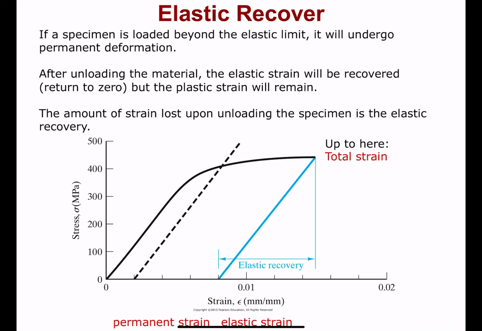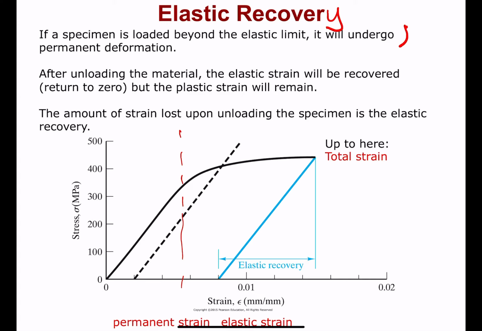Okay, so with those sort of experiments on matter, we've actually already covered the idea of elastic recovery. And so if a specimen is loaded beyond the elastic limit of the material, we can expect it to undergo some permanent deformation. We saw that. After unloading the matter, the elastic strain will be recovered.